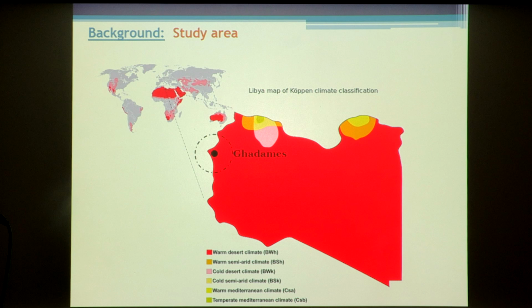The studied area is in Libya, in North Africa, in the middle of North Africa, just between Tunisia, Algeria, and Egypt. This city called Ghadames, some people call it a town and some a city, is located in the Sahara Desert, just where the Sahara Desert starts.